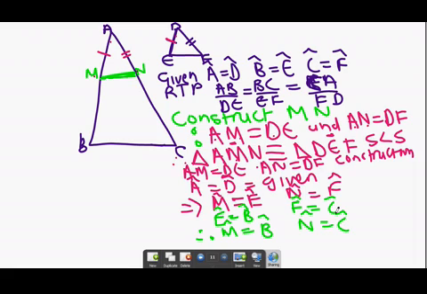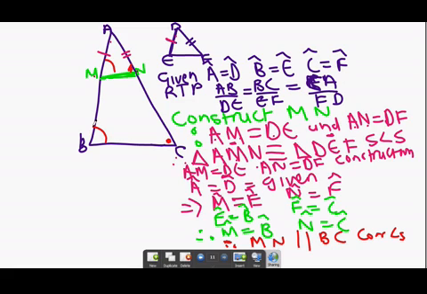Now, angle M is equal to angle B, and angle N is equal to angle C, it would mean that, therefore, MN is parallel to BC. Why? Corresponding angles.